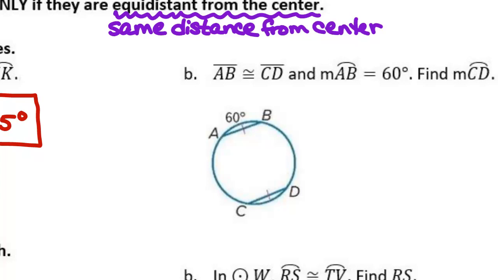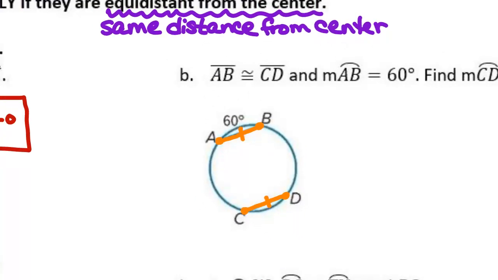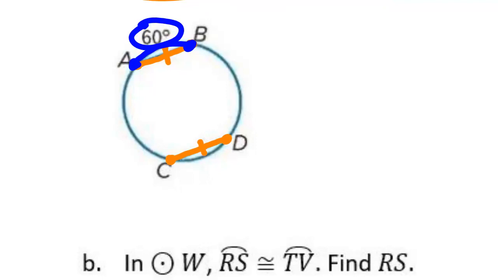Part B, very similar. I know that segment AB, which is a chord, is congruent to segment CD, which is also a chord. I know that arc AB is 60 degrees, so this right here, the curved portion is 60 degrees.